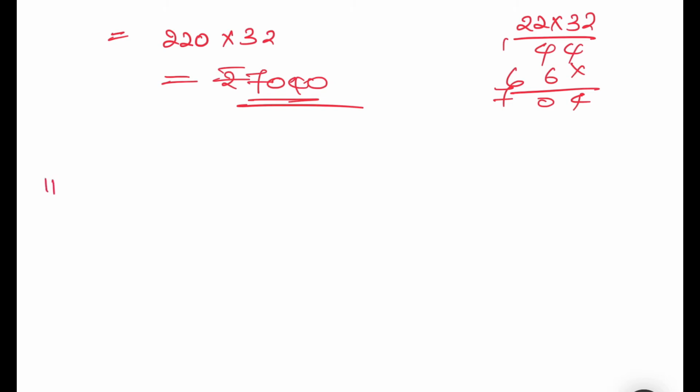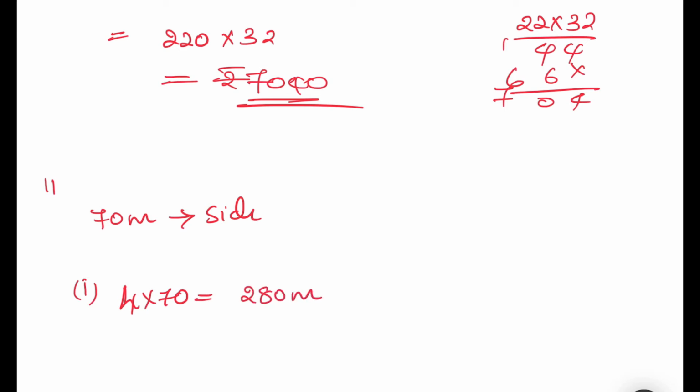Each side of a square field is 70 meter. By how much distance will a boy walk around to make one complete round? One complete round is the perimeter of the square itself, right? So perimeter is equal to 4 into 70, that is equal to 280 meters. Now coming to the second question, we have 8 complete rounds.